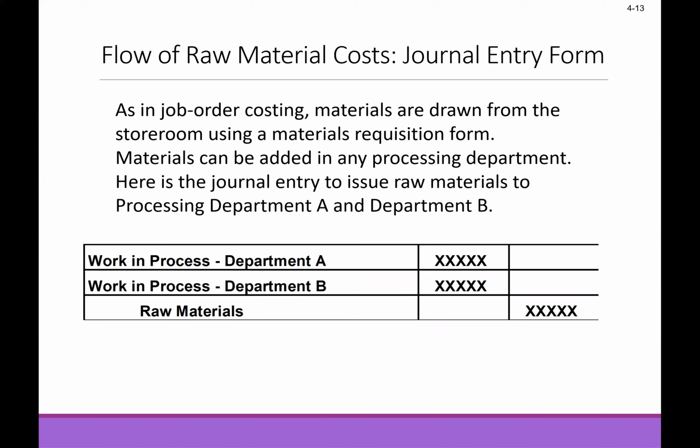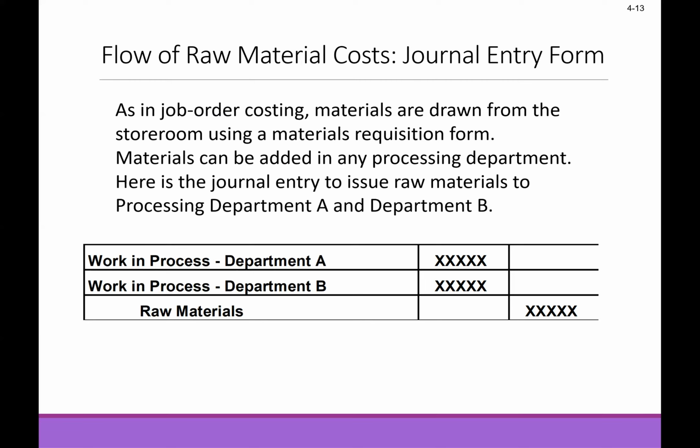If, in an example, a company is making a product, they require materials, it will show the materials that went into work in process Department A, work in process Department B, and it will credit those raw materials.